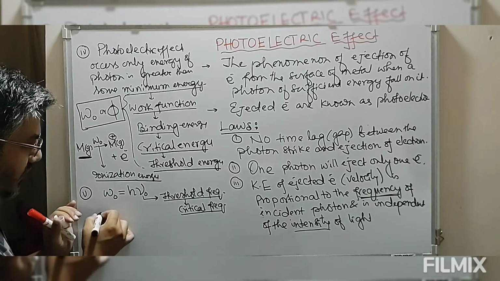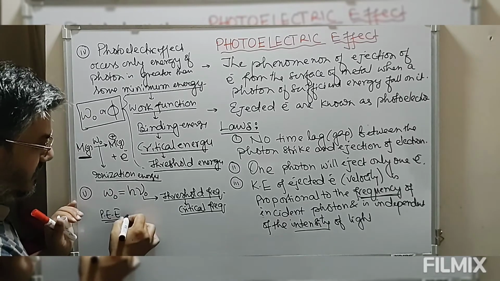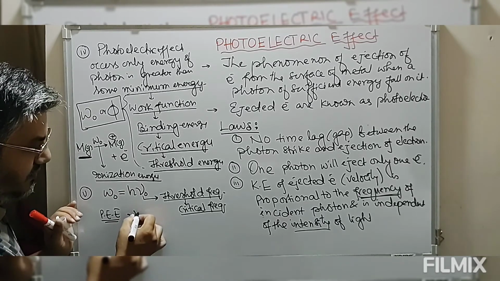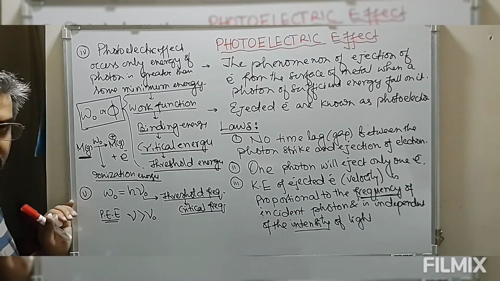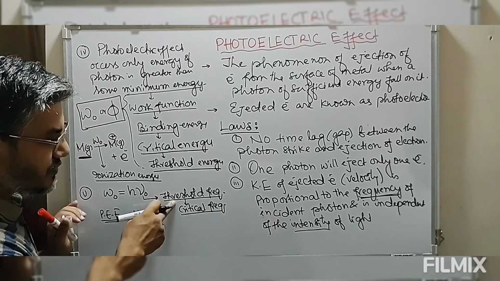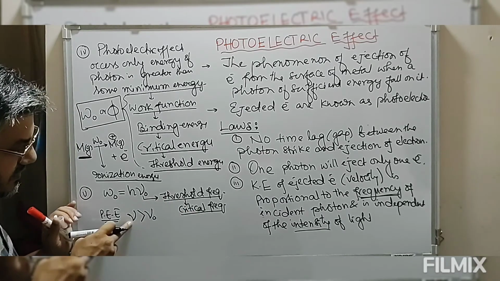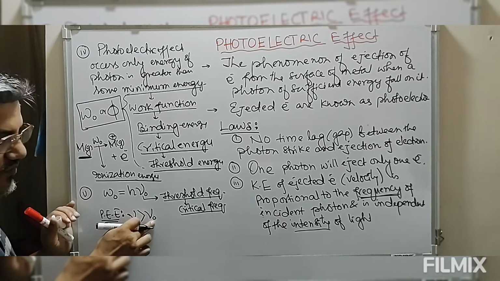Therefore, for the photoelectric effect to occur, meaning for the ejection of electrons, the frequency of the incident photon must be greater than this minimum frequency, which is known as the threshold or critical frequency.